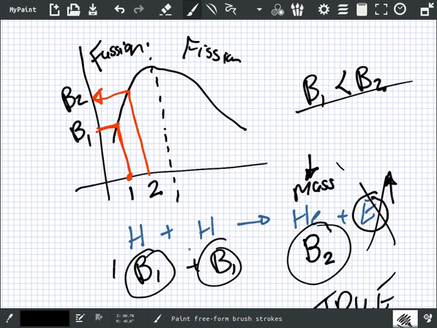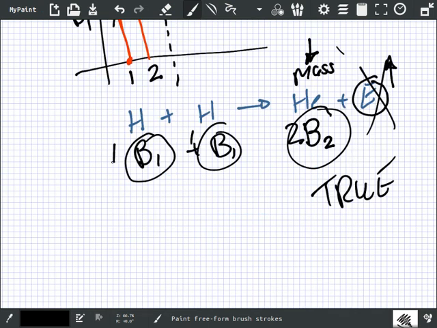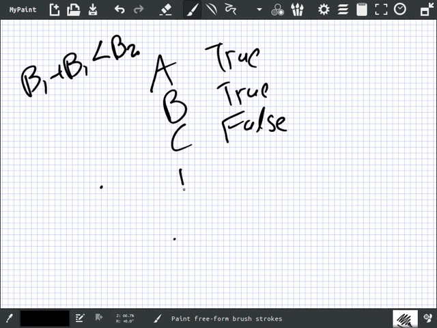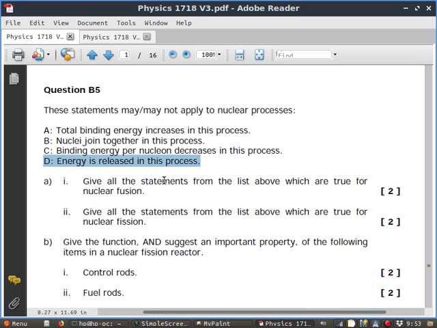So it was one of these, and then 2 of these. Anyway, it doesn't matter. Energy is released in this process, true or false? What do you think? Yes, true. Easy, true. Now, what about for fission? Let's start with A.